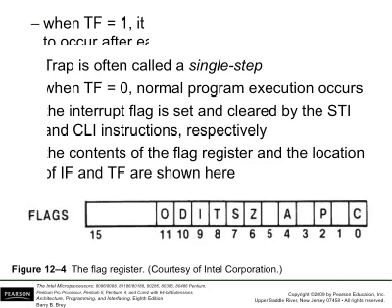You want to have a chance to look at all the variables, all the pointers, all the content in memory after you proceed one single instruction in your program. These flag bits, the interrupt flag is set and cleared by the STI and CLI instructions. And also you can use other instructions to clear or set the trap flag.